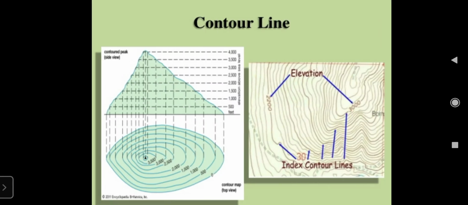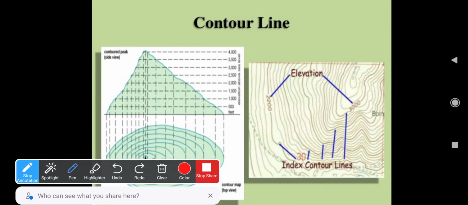Coming to the contour lines, in the image the same mountain example has been taken. From 500 feet, then 1000 feet, 1500 feet, 2000 feet, 2500 feet, 3000 feet, 3500 feet, 4000 feet. At 4000 feet is the peak.